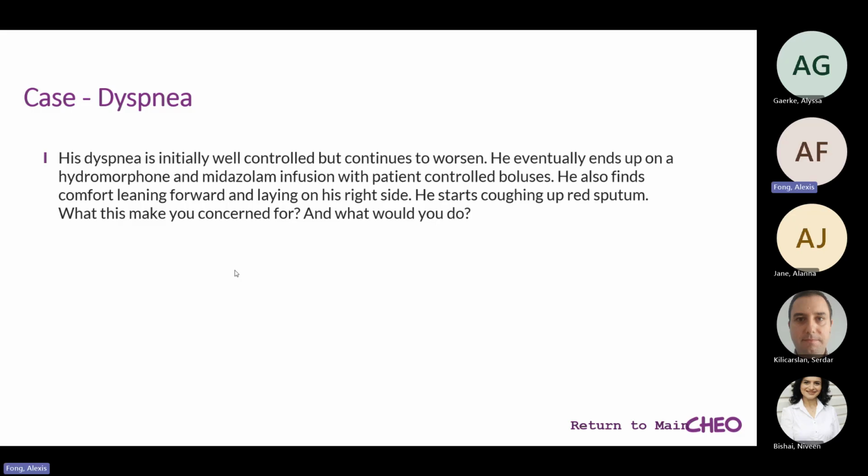The biggest indicator that someone is going to have a terminal event with catastrophic bleeding is the presence of blood in their sputum. You can absolutely have someone have a catastrophic bleed with no indicators beforehand, but commonly they'll start to have blood in their sputum. And there's really not much we can do.